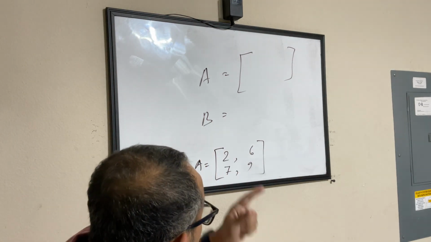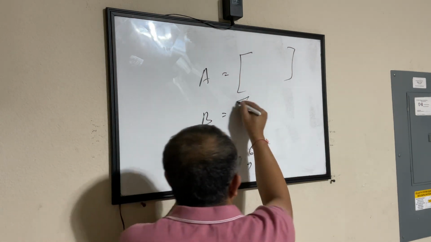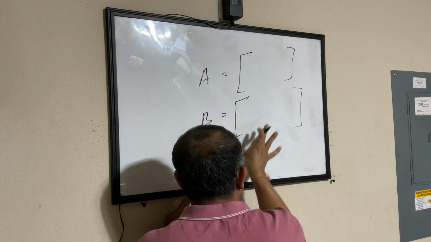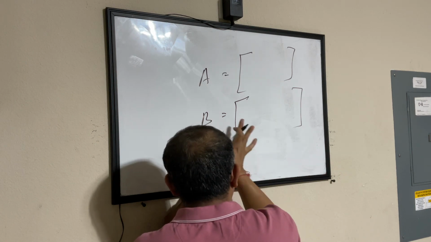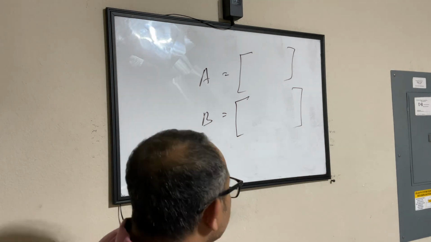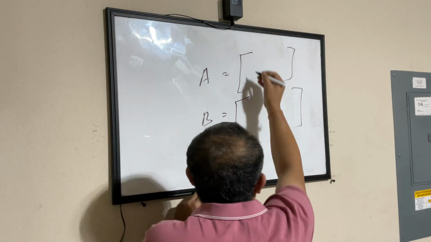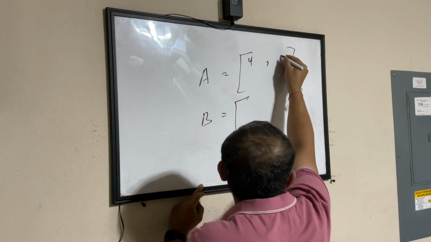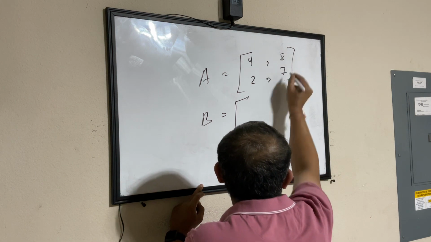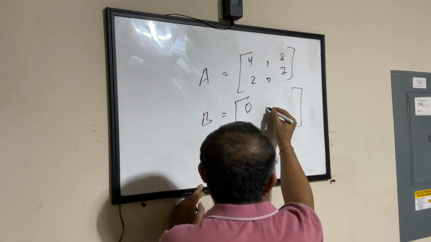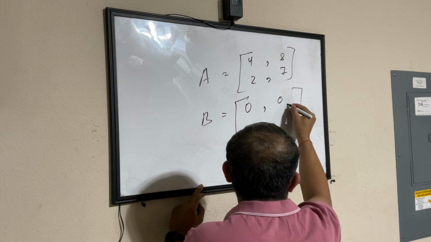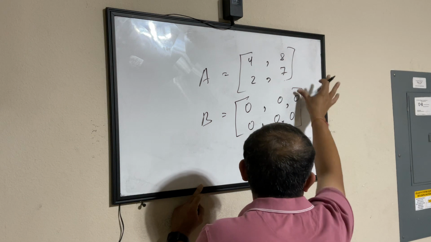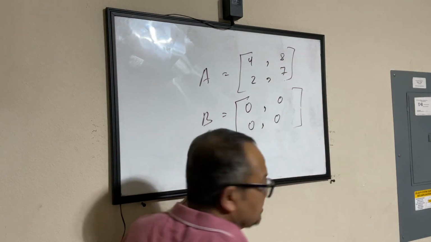Now, when you talk about two matrices, I might go a little deep into it and start blabbering about computer programming, but bear with me. Let's say this is a two-dimensional 2 by 2 matrix, 4, 8, 2, 7. And this one is, let's say, 0, 0, 0, 0, and let's say for now we have matching dimensions.